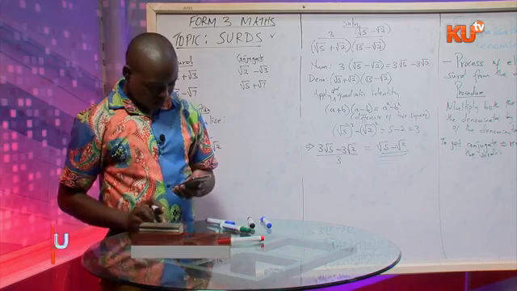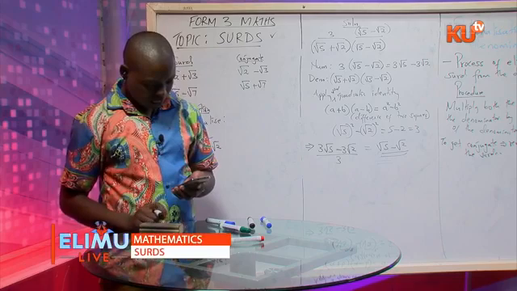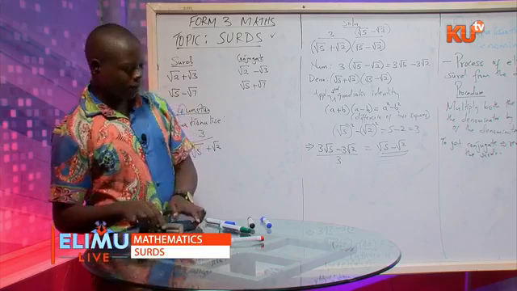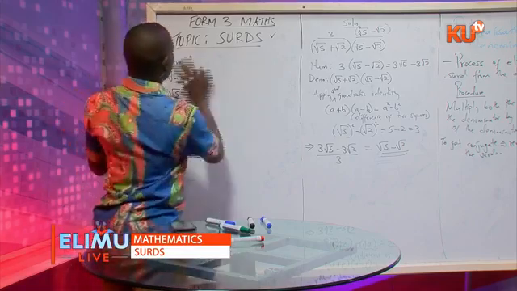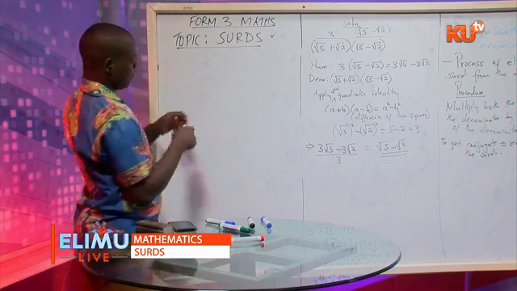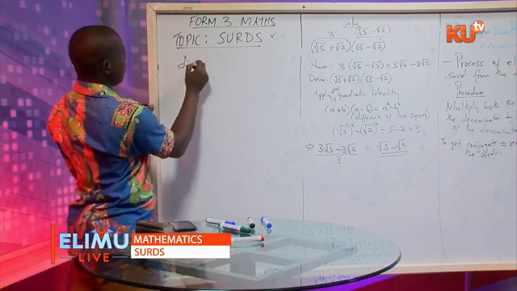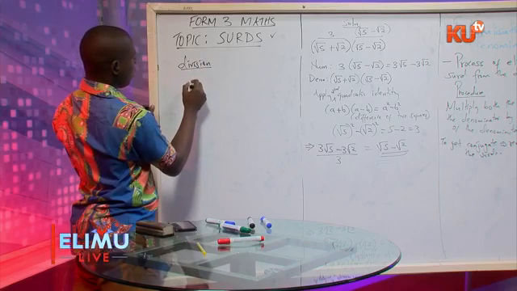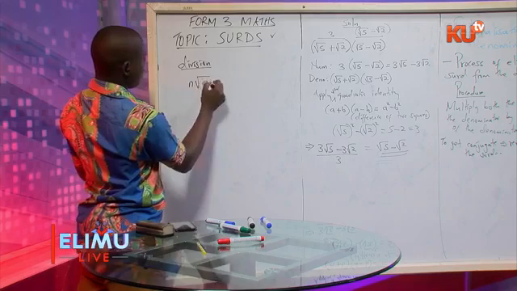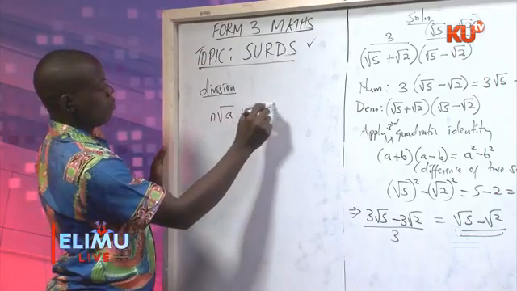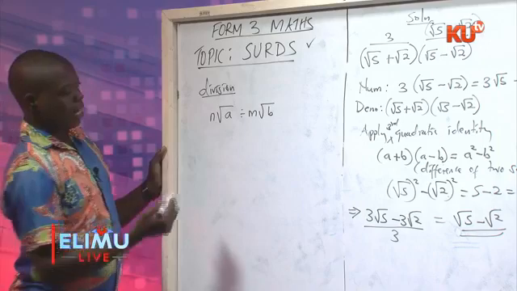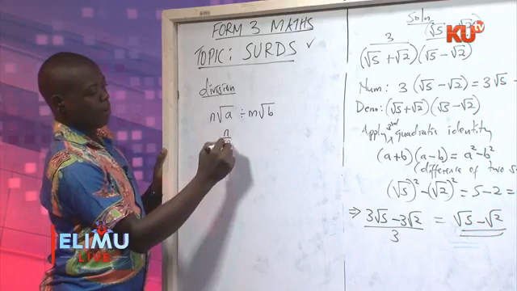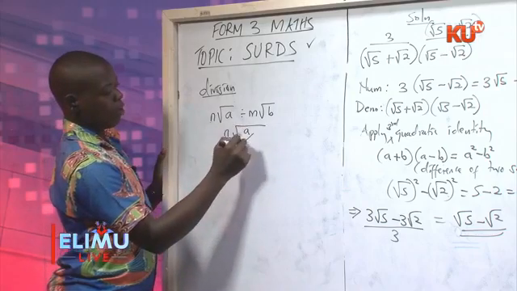Again, someone is saying that they didn't understand division. For those who are looking for clarity in division, when you are dividing surds, assuming that you have n root a divided by m root b, then you work out the coefficients, that is n over m, and then have root a over b.